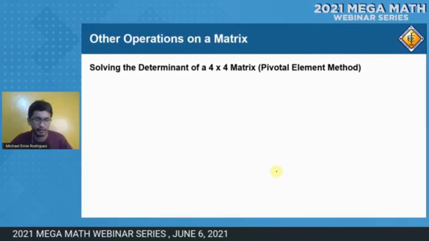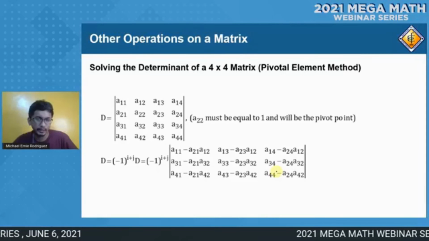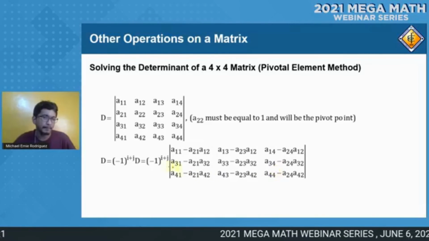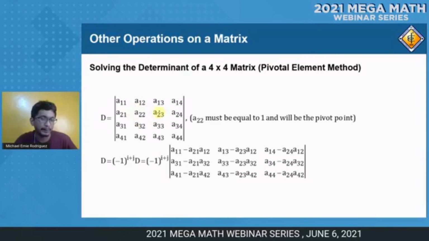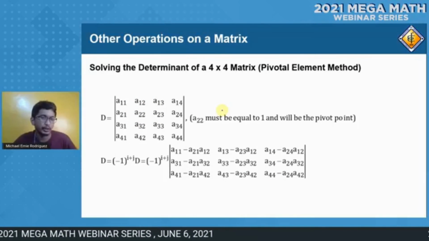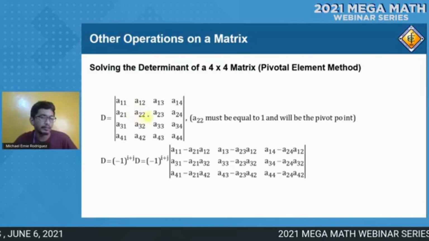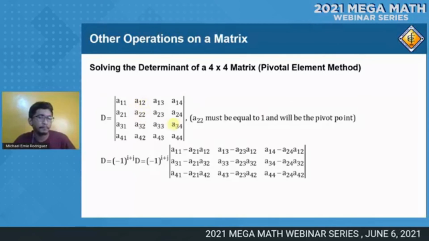And the next is the pivotal element method. In this method, you choose an element to pivot on. You need to choose a pivot point, and that pivot point must be equal to 1.